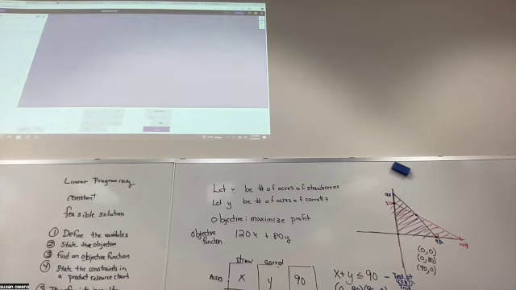Don't forget your x is greater than or equal to 0, and y is greater than or equal to 0.